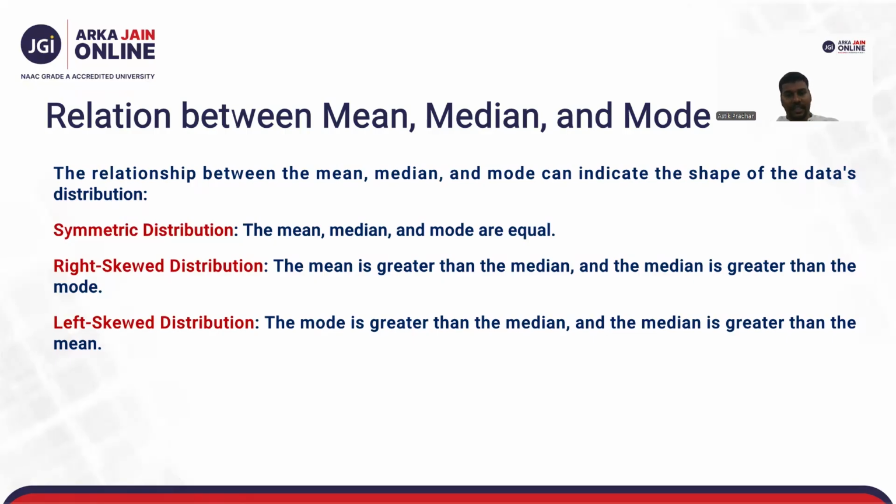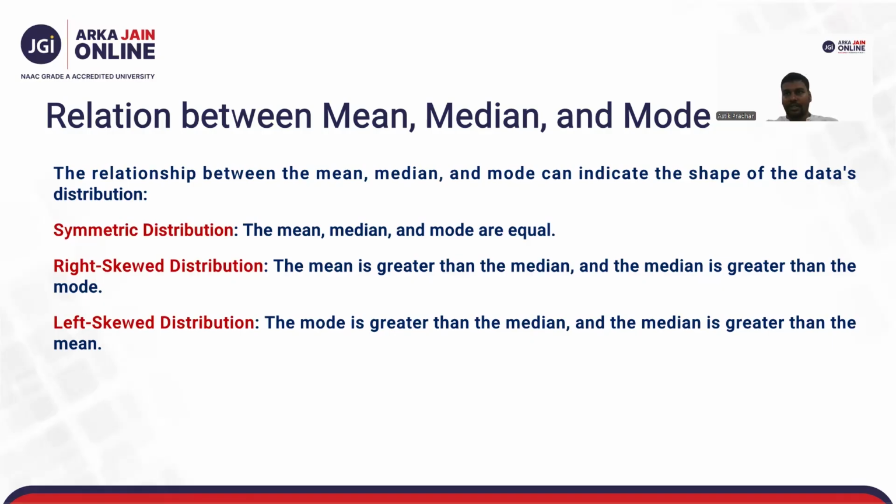As we have discussed, in the symmetric distribution the values for mean, median and mode are all equal. Now this is the second kind of distribution, called right skewed distribution. Here the mean is greater than the median and the median is greater than the mode.